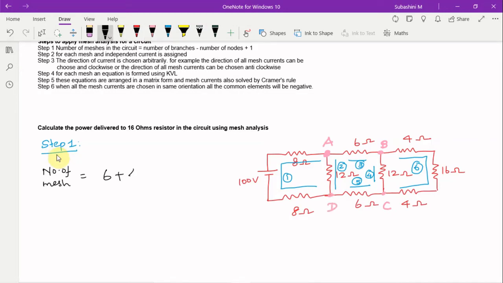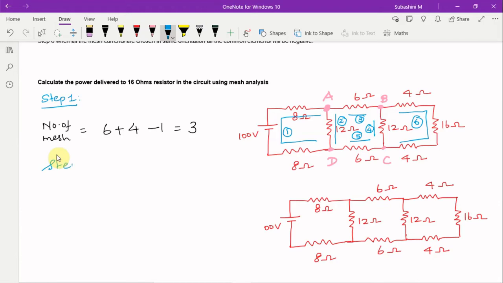We have 4 nodes, minus 1. So the total number of meshes in this circuit is 3. By seeing this circuit itself, we can say that we have 3 meshes in the circuit.